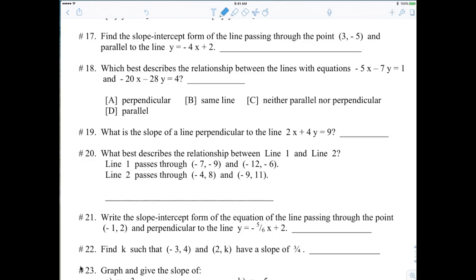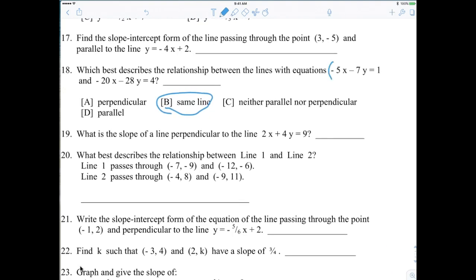Yeah, I see that, but that doesn't tell you whether... So it's B. Because you said if I multiply this by 4, or I could divide this by 4, it would give you the same line. You even agree with that.